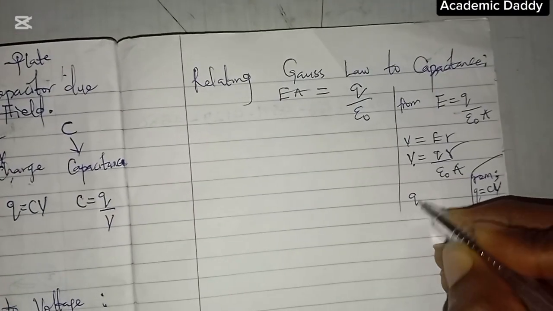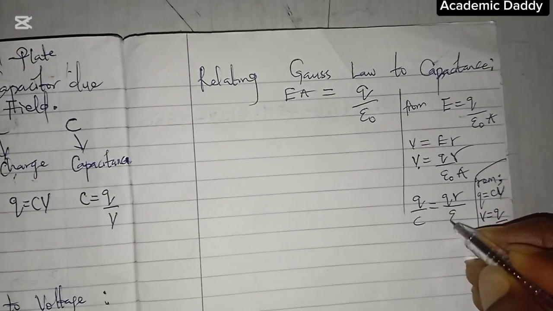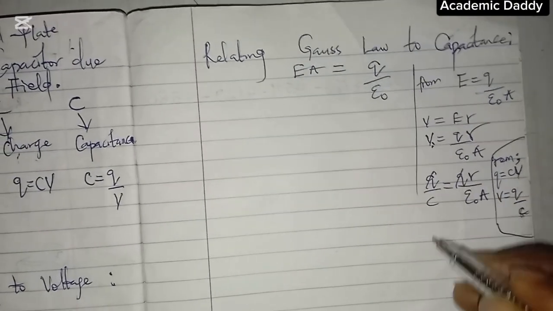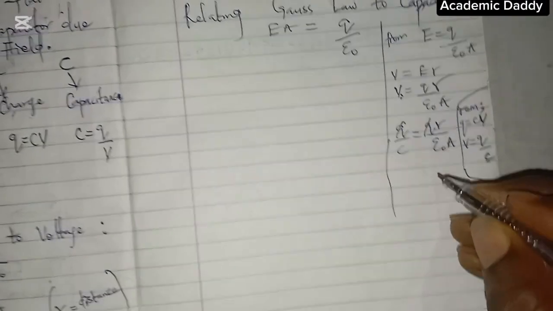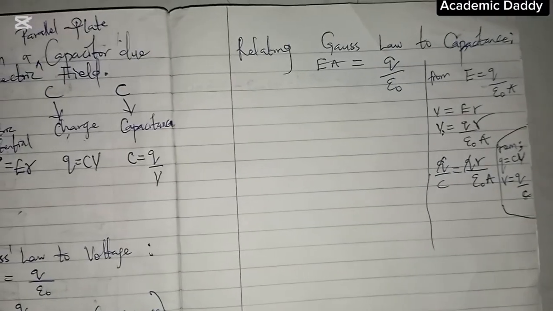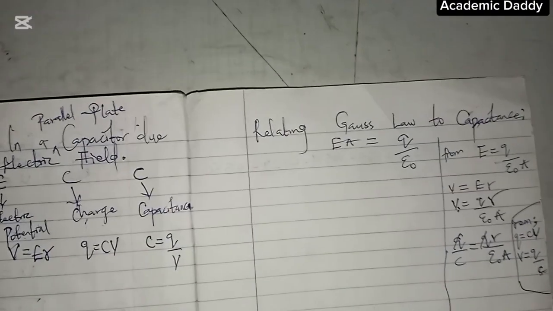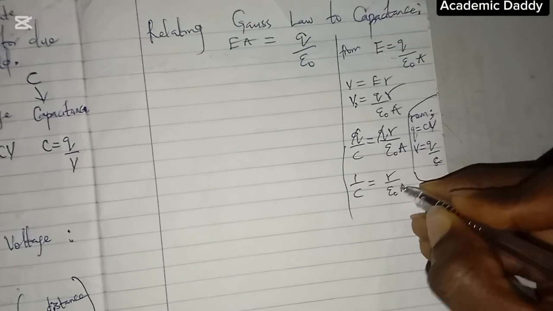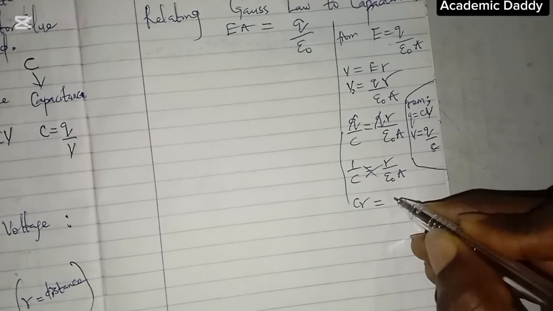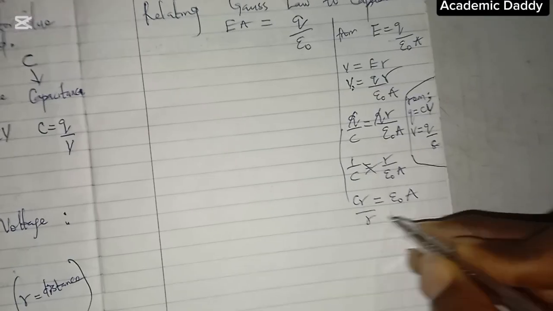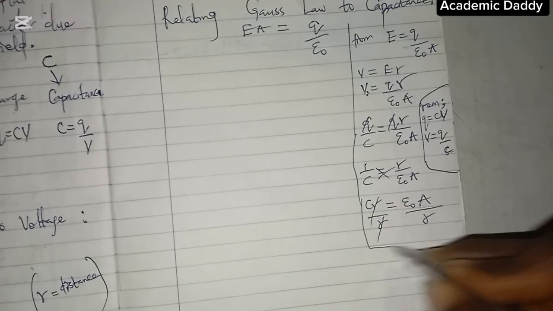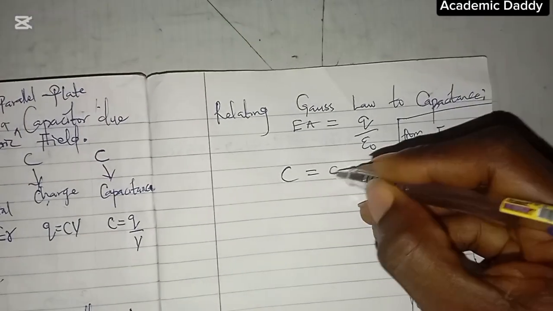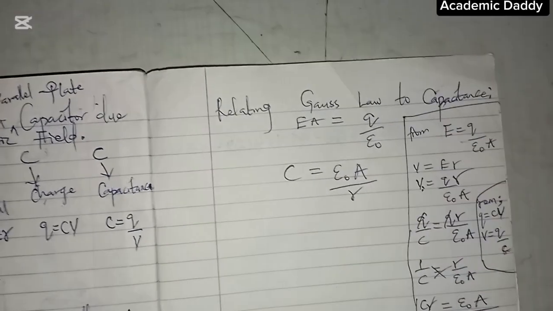So I now have Q over C equals QR over E naught A. Q cancels on both sides, so I now have 1 over C equals R over E naught A. Cross multiply, I now have CR equals E naught A. Divide both sides by R, so that I now have C equals E naught A all over R.